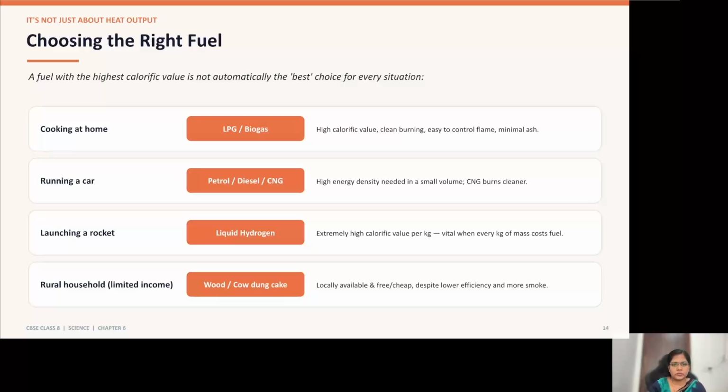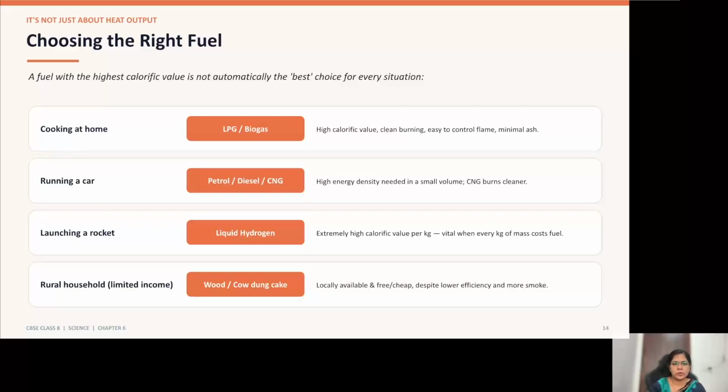So what about the rockets? Yes, for rockets, the mass is the enemy of a rocket. So hydrogen has a huge calorific value per kg and is decisive even though it's bulky as a gas. It is stored as liquid hydrogen, cooled to extremely low temperatures, and used. Okay. And what about the rural household?